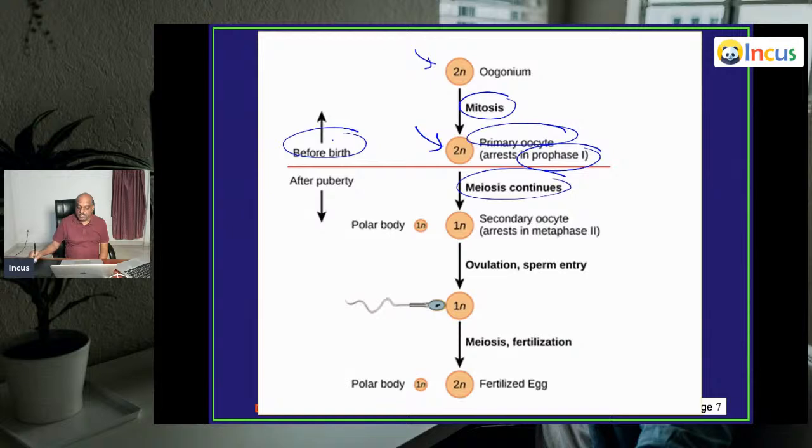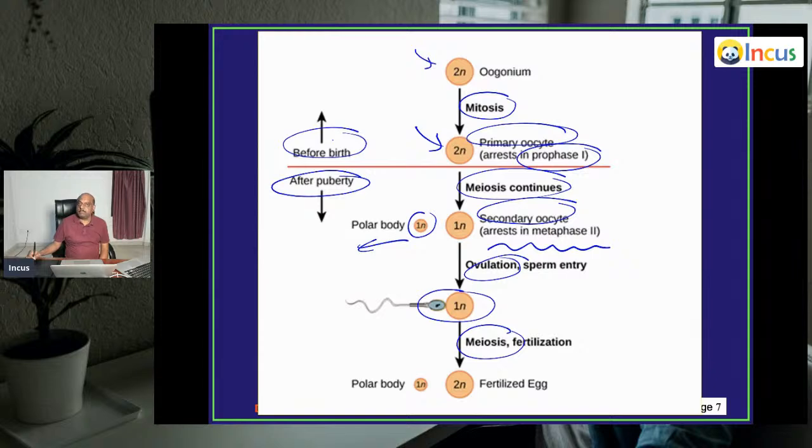Then the meiosis continues, a polar body is extruded, and the secondary oocyte arrests in metaphase 2 after puberty. Then when ovulation occurs, the sperm enters, the meiosis is completed and that leads to a fertilized egg, which is once more 2N, is what you have to basically remember.